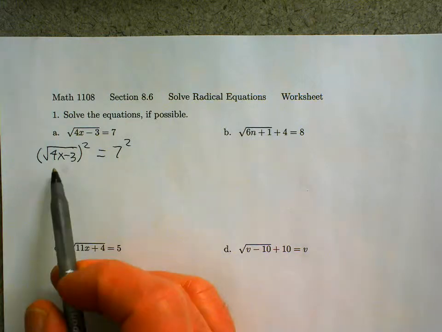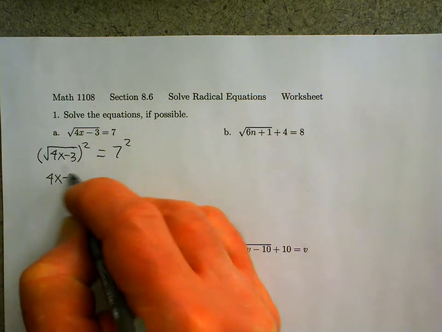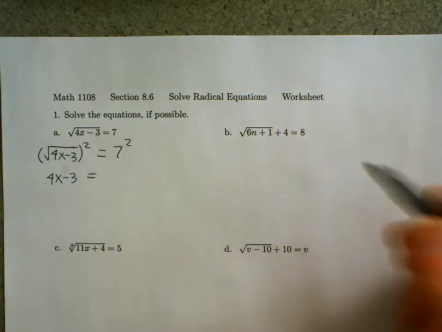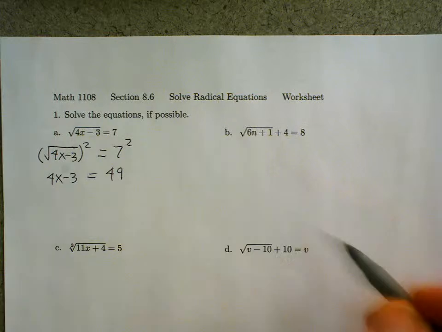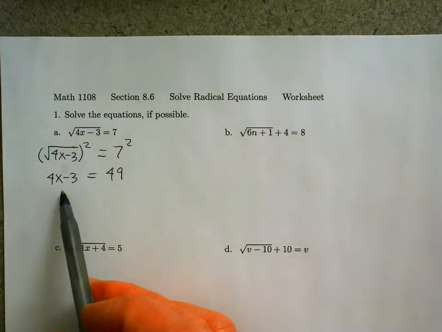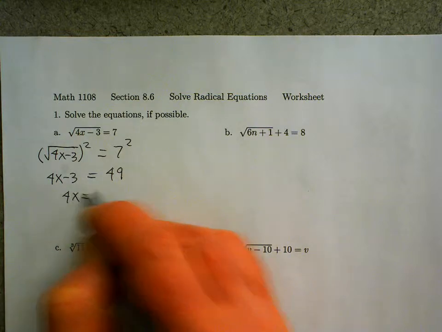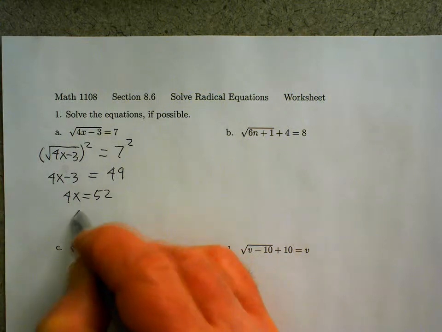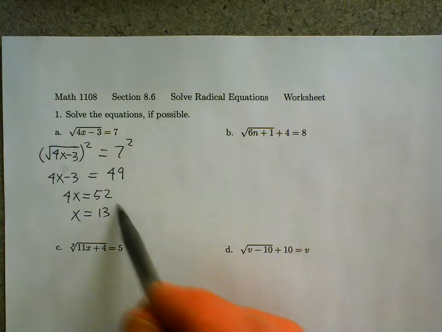When we square the square root of 4x minus 3, we just get 4x minus 3. And when we square 7, we get 49. And now we have a pretty simple equation to solve for x. So add 3 to both sides, we get 4x equals 52. And then divide both sides by 4, we get x equals 13.